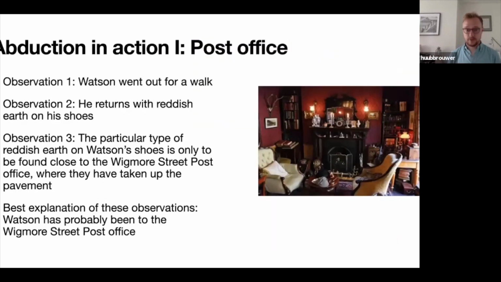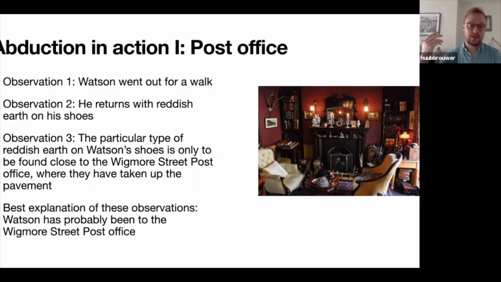So Holmes is using abduction twice, I would say, in the passage that we read. First, he uses abduction to infer that Watson went to the post office. So there are three observations that I think he uses to achieve this. He first says that Watson went out for a walk.